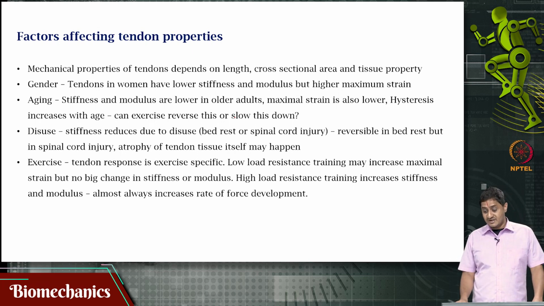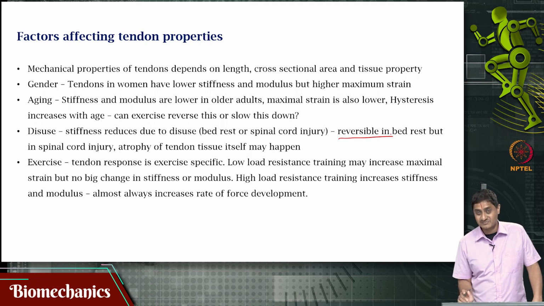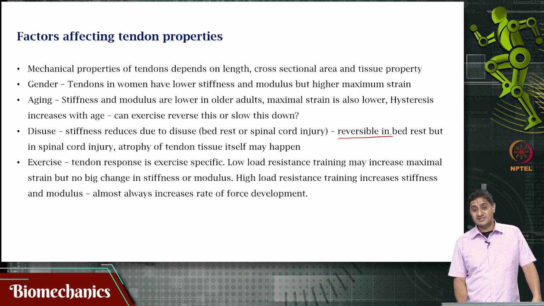So, this is reversible in people recovering from bed rest, but in some people, those who have spinal cord injury, movements may be completely arrested, depending on where the injury is.